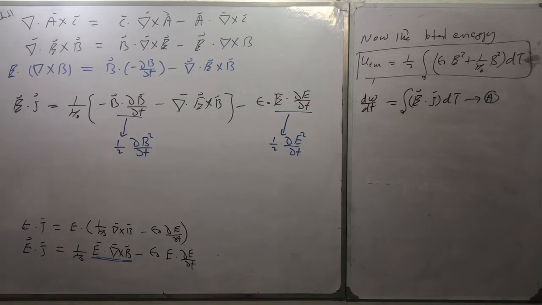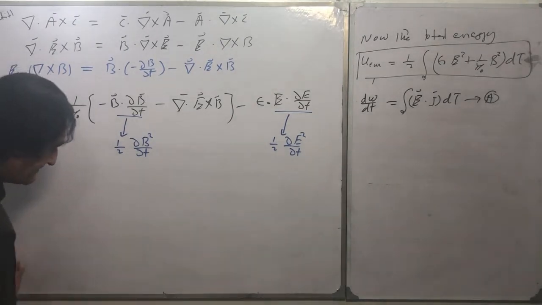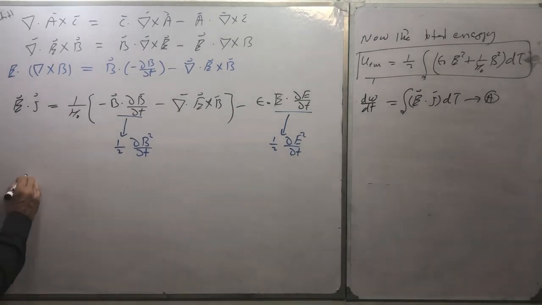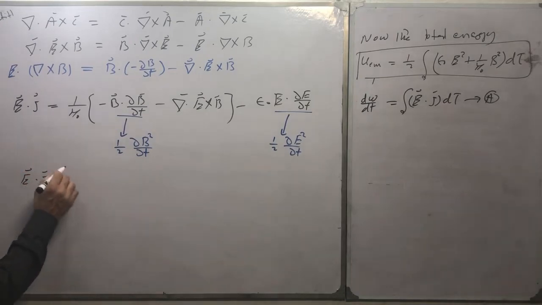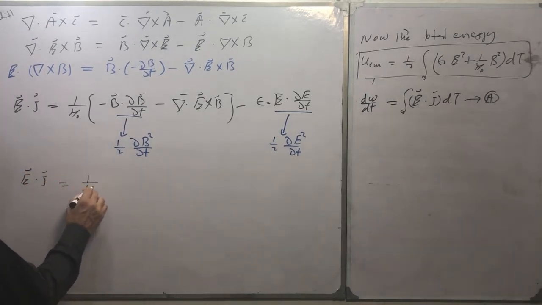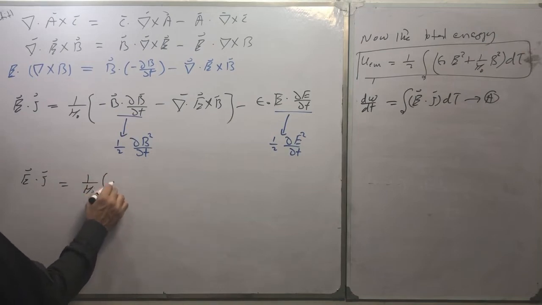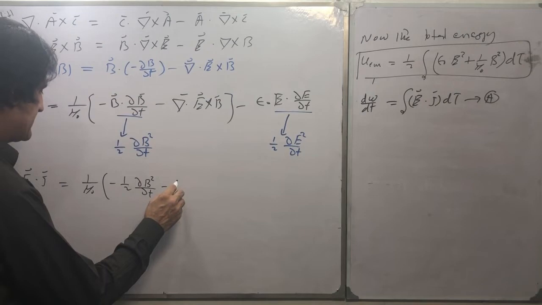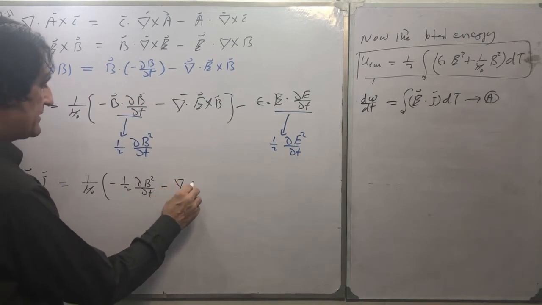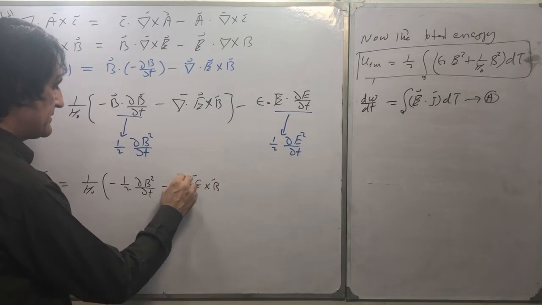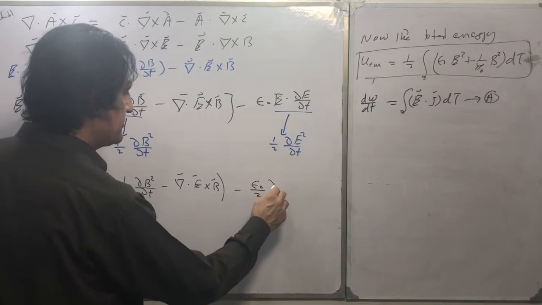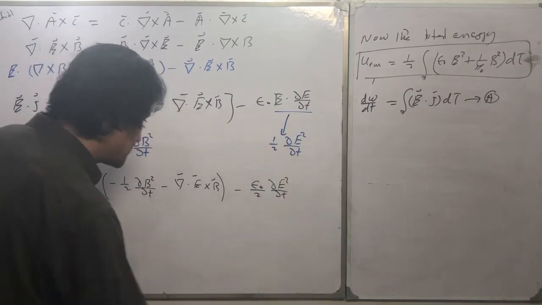Then we have the situation E dot J equals 1 over mu naught times minus 1 over 2 partial B squared divided by partial t, minus del dot (E cross B), minus epsilon naught divided by 2 partial E squared divided by partial t.